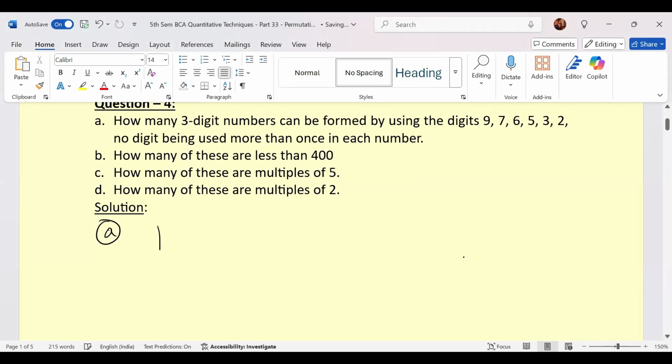Three-digit number, which means we'll have spaces like this. Now, first, this 100th digit can be occupied by any of these 6 numbers.